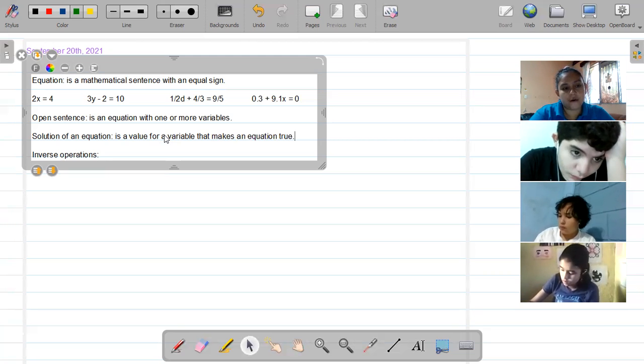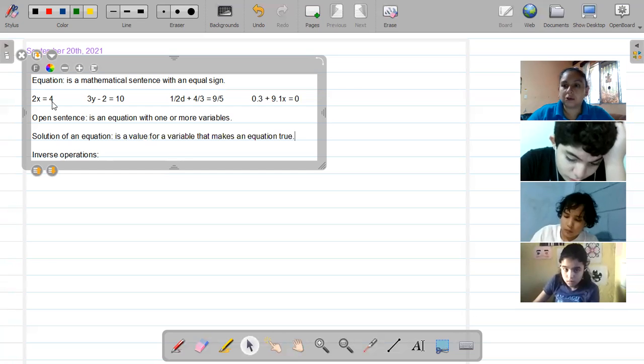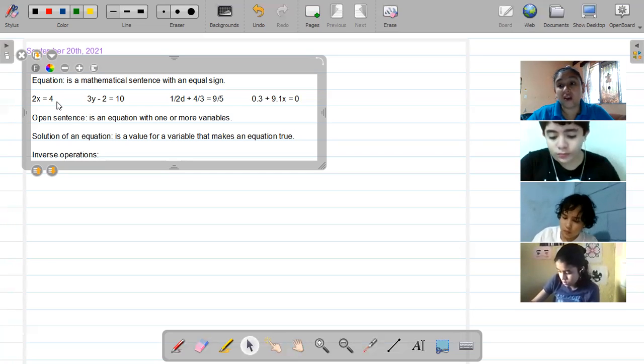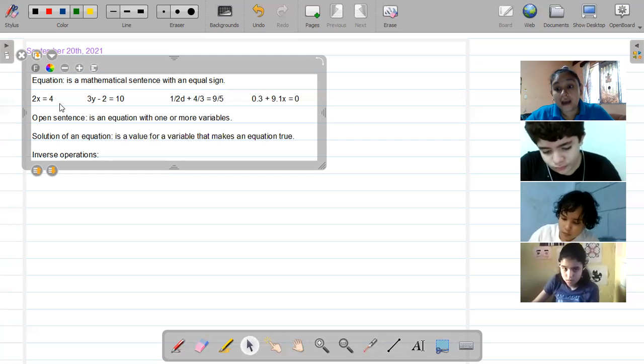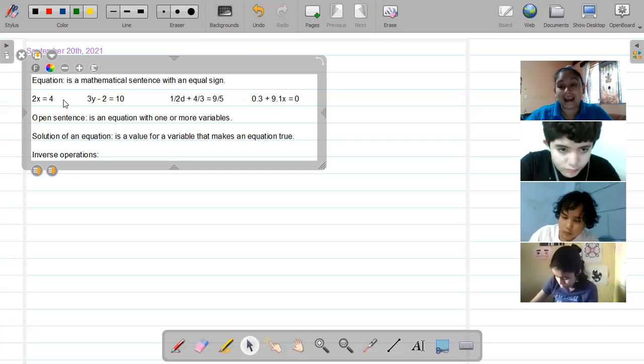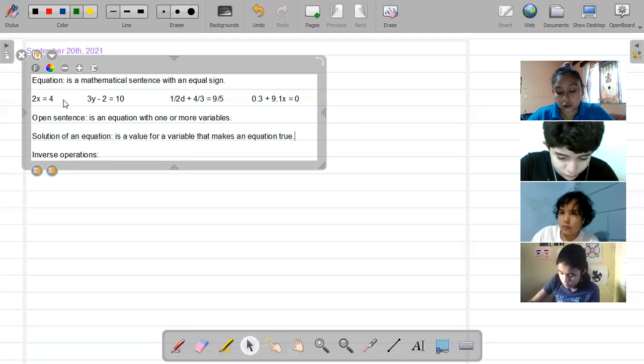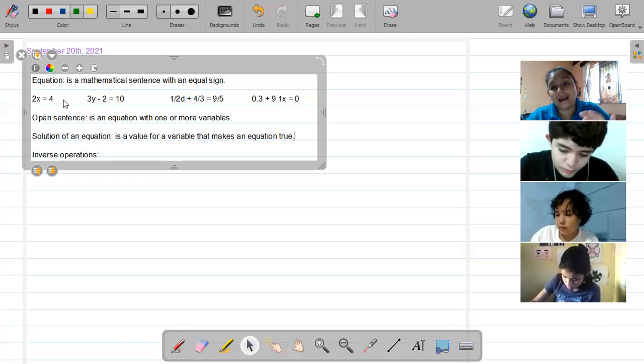So you can have, for example, 2x equals 4. I can say that the answer for 2x equals 4 is 5, and you will not be certain that it is actually 5 until you solve it. You need to solve it before knowing if that is the solution of an equation.